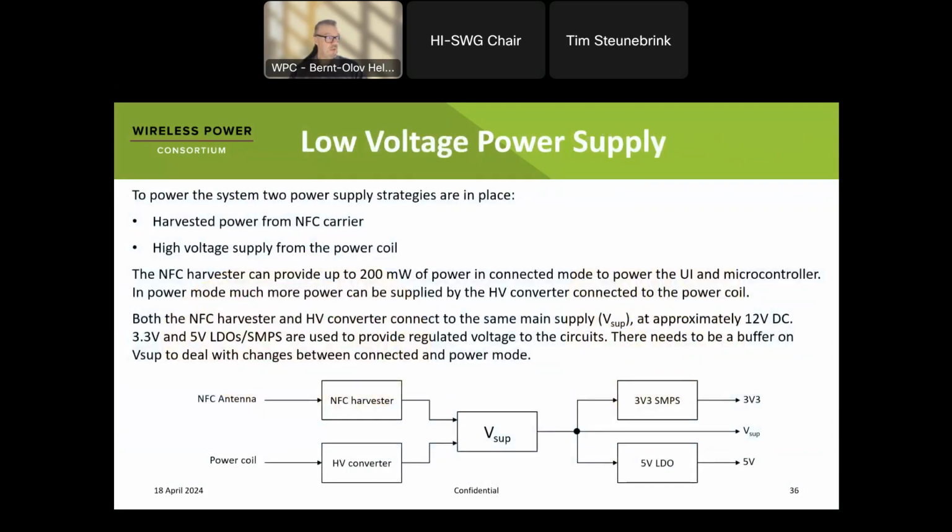Some about the low voltage conversion, because we are basically grabbing power from two places. One is from the NFC antenna before activation, and during operation, we are taking the power from the power coil. If we need 3.3 or 5 volt or similar, we're taking that directly from high voltage like 200 or 400 volt rectified.